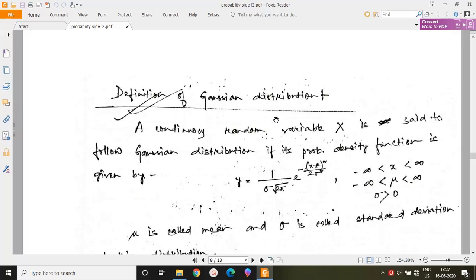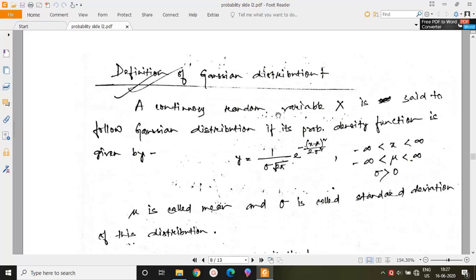Next, let us go to Gaussian distribution. What is Gaussian distribution? Remember, Gaussian distribution is a continuous frequency distribution, related to a continuous random variable. A continuous random variable capital X is said to follow Gaussian distribution if its probability density function, I repeat, density function, is given by y equals 1 by sigma root 2 pi e to the power minus (x minus mu) square by 2 sigma square.